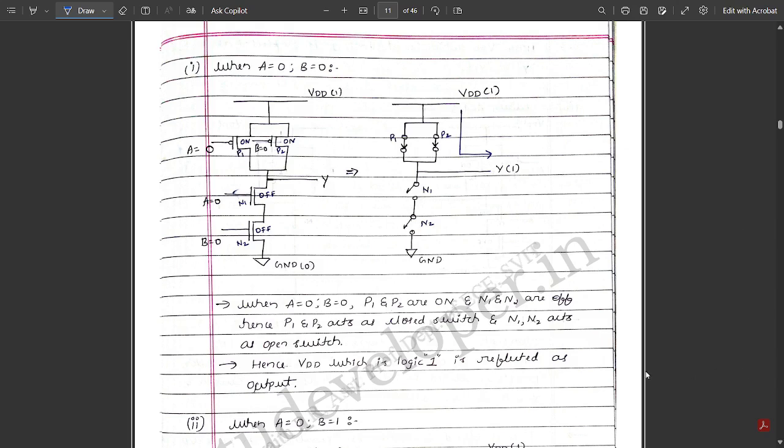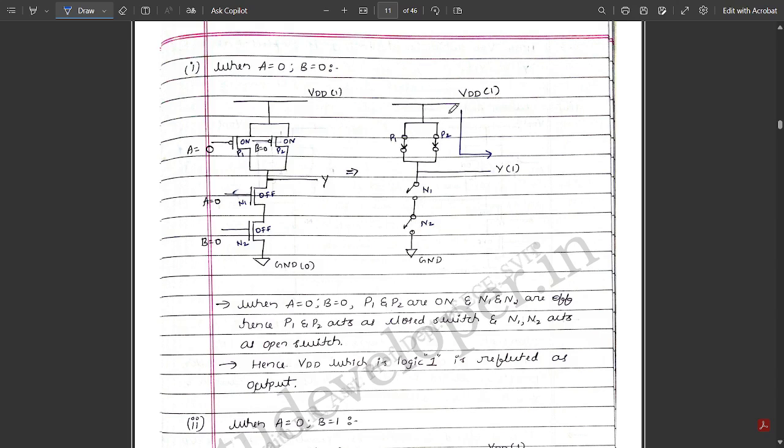I've already told you that when the PMOS acts as a switch and the input given is 0, the switch is in the on state, that is, closed. For the NMOS transistors, the switch would be in the off state. Similarly, the switch diagram is shown here for this case: since the P1 and P2 transistors are on, the switch is closed here, and since the NMOS transistors are off, the switch is open here.